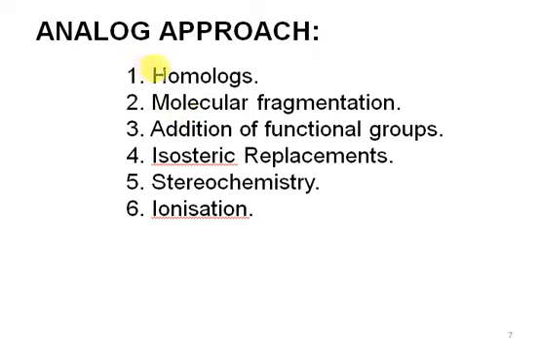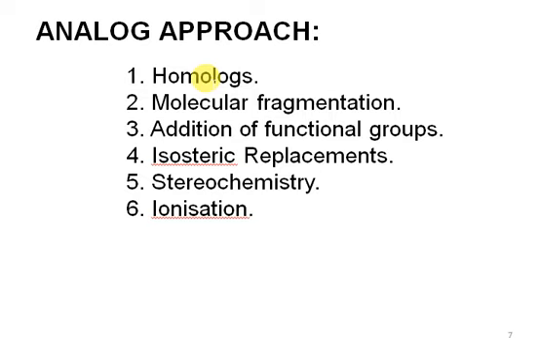So we can carry out changes in the homologue. You have studied the homologous series in basic organic chemistry. Suppose we have a methyl group. Instead of a methyl group, we can have an ethyl group, and we see if there is any change in activity by increasing or decreasing the carbon chain length.